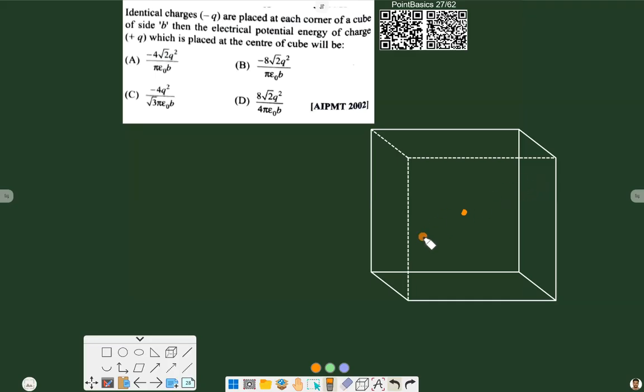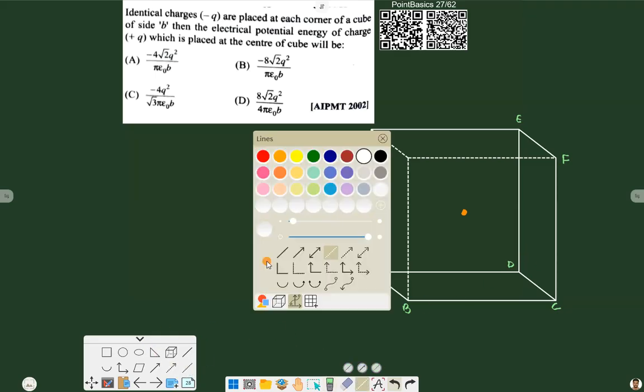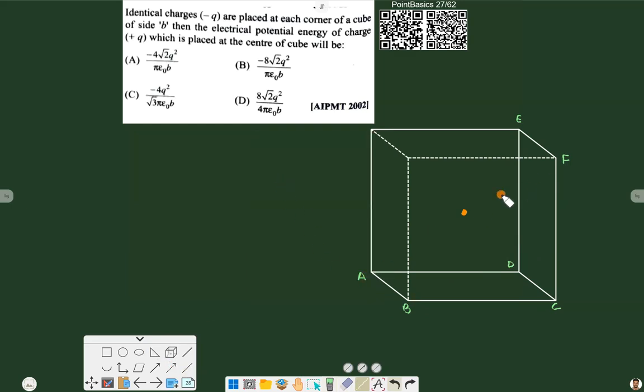Now let's give it some names: A, B, C, D, E, F. Now let me draw a line connecting the diagonal from A to F.